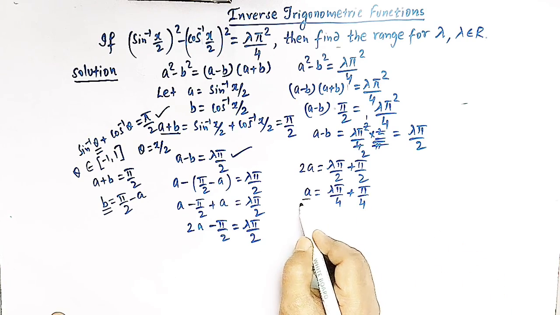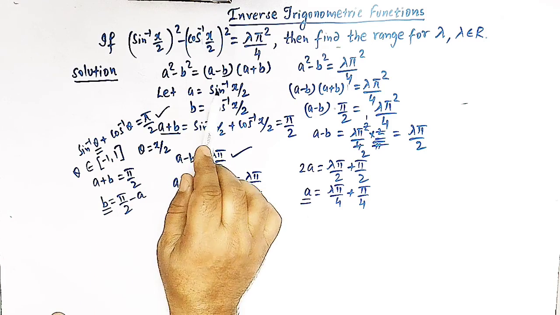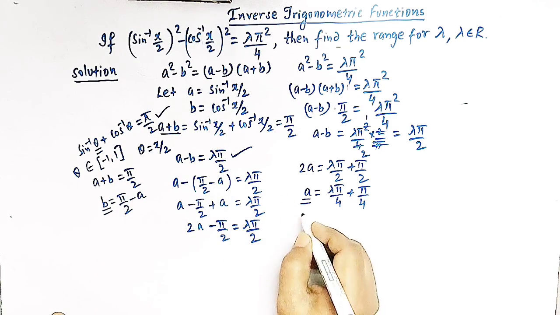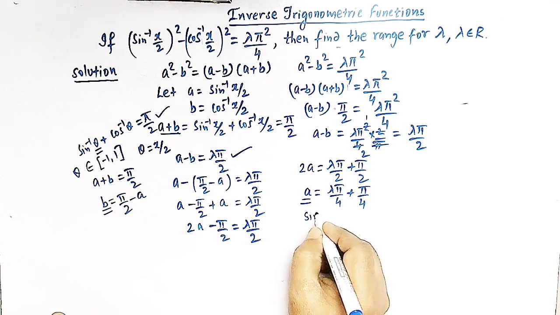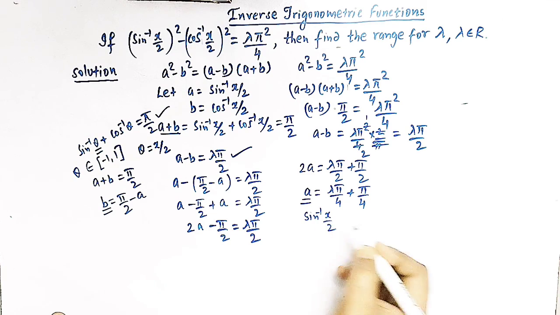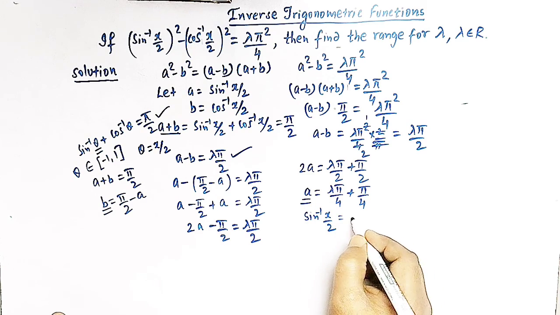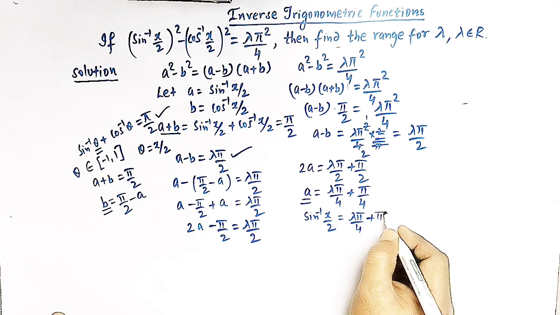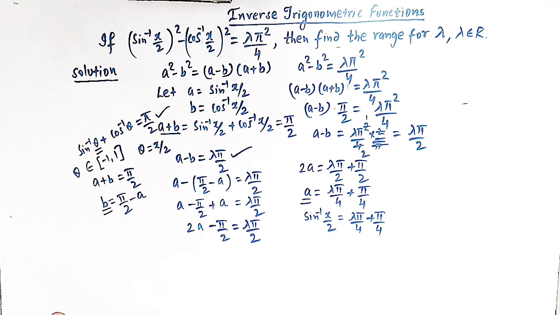Now let us substitute the value of a as sine inverse x over 2. So here we have sine inverse x over 2 for a, and this is equal to lambda pi over 4 plus pi over 4, right? So now we have arrived at this important result.